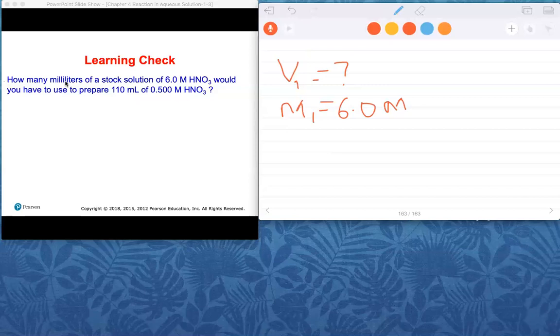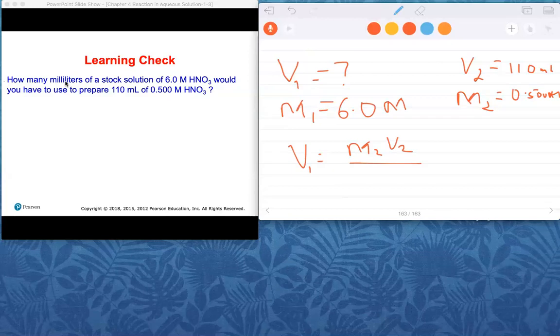That means V2 equals 110 mL, and M2 equals 0.500 molar. From the dilution law, V1 equals M2 V2 over M1. You just plug in the numbers and you end up with the correct number.